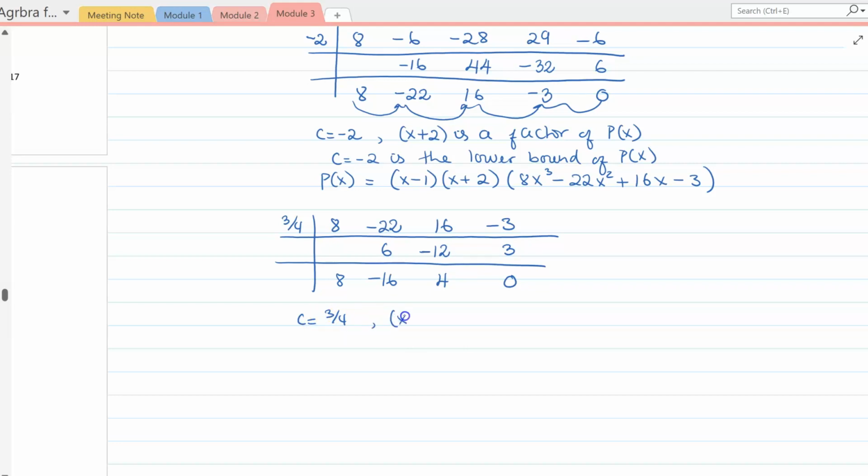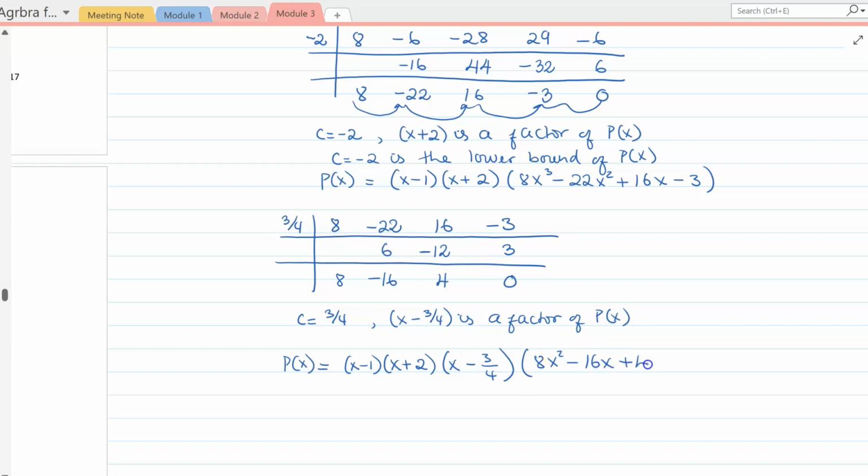This means x minus 3/4 is a factor of p of x. So I can rewrite p of x as x minus 1 times x plus 2 times x minus 3/4 times 8x squared minus 16x plus 4.